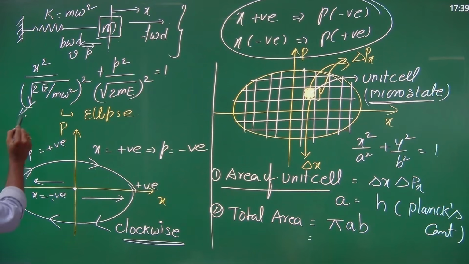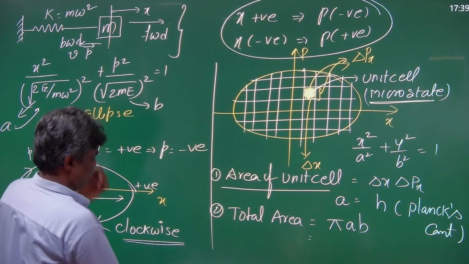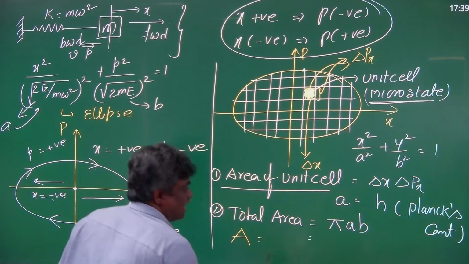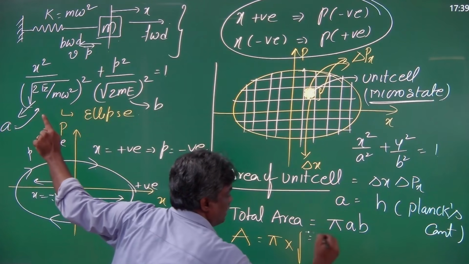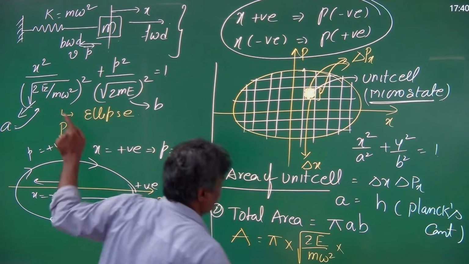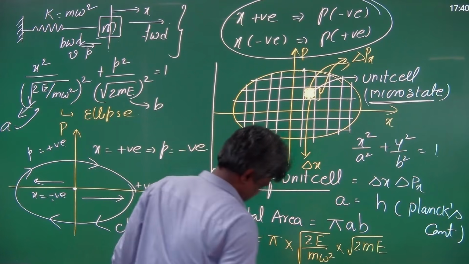Now again come back. Can you please tell me what is the a here? A is nothing but under root 2E by m omega square. Now observe carefully. So I am taking the total area capital A, pi into a, under root 2E by m omega square, into b, under root 2mE.